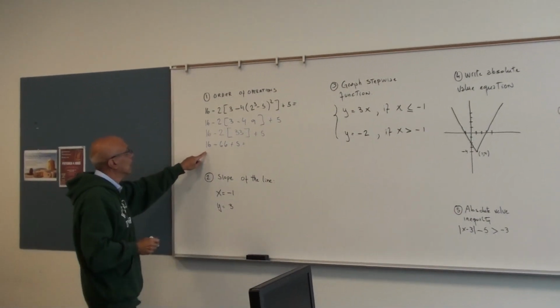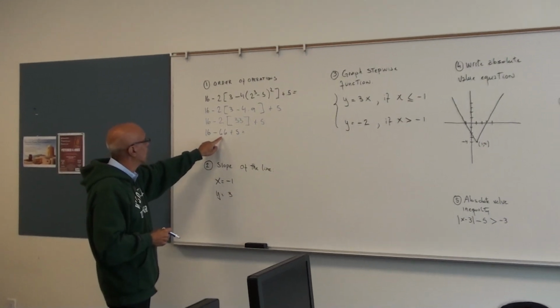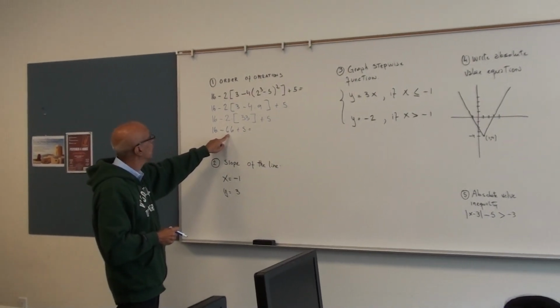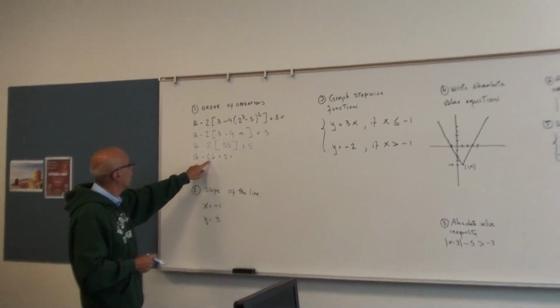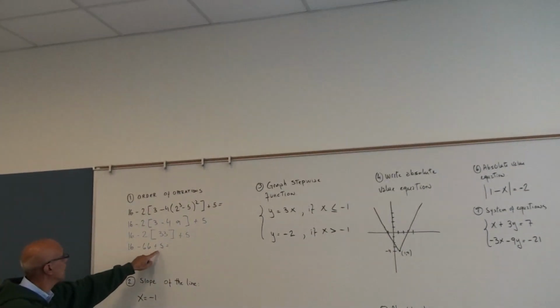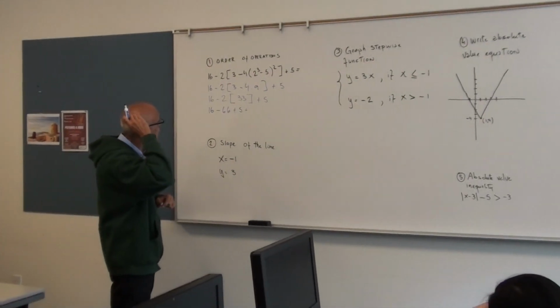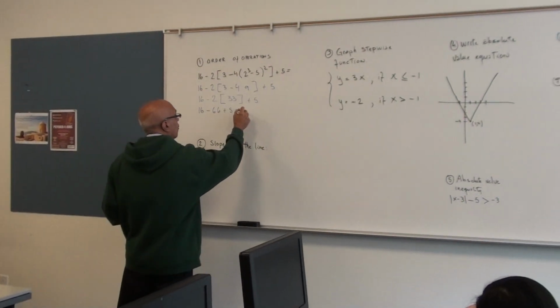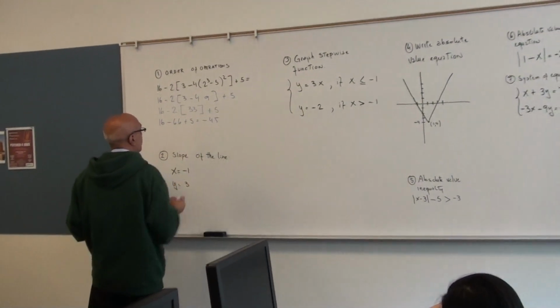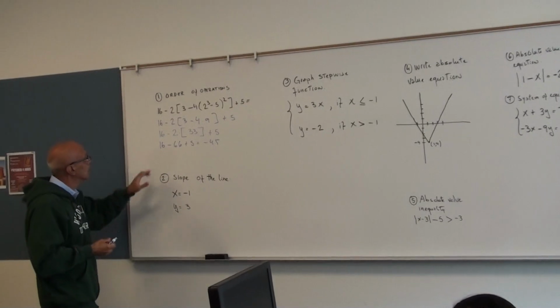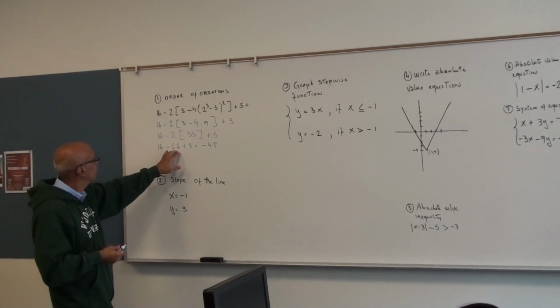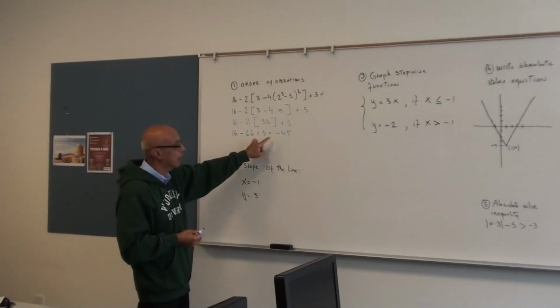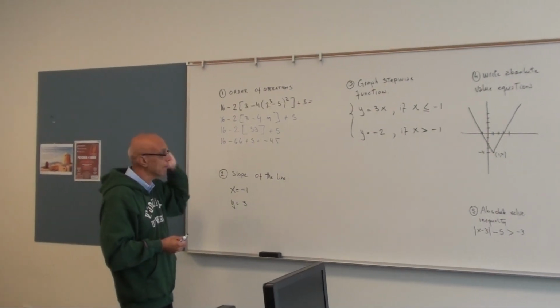Now 16 minus 66 is going to be what? 50, and plus 5 is going to be negative 45, okay? Negative 50 plus 5 is negative 45, okay?